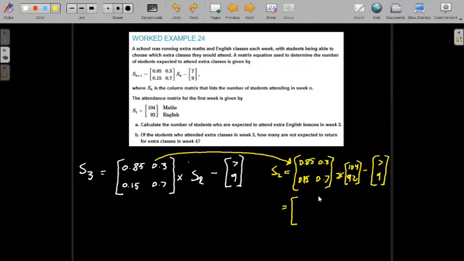And if I do that, I'll get 109 and 71. So now I can use that in this one here.